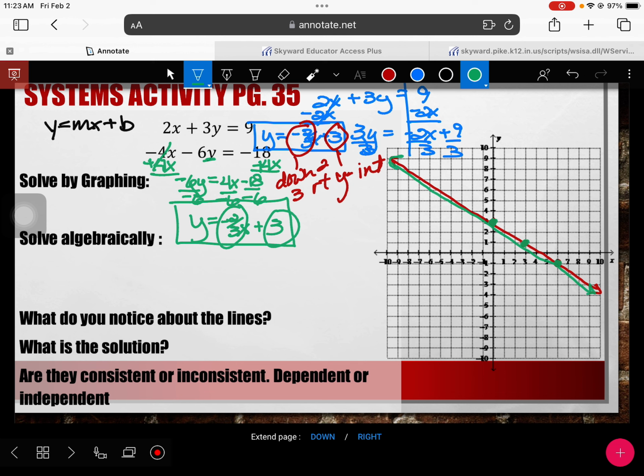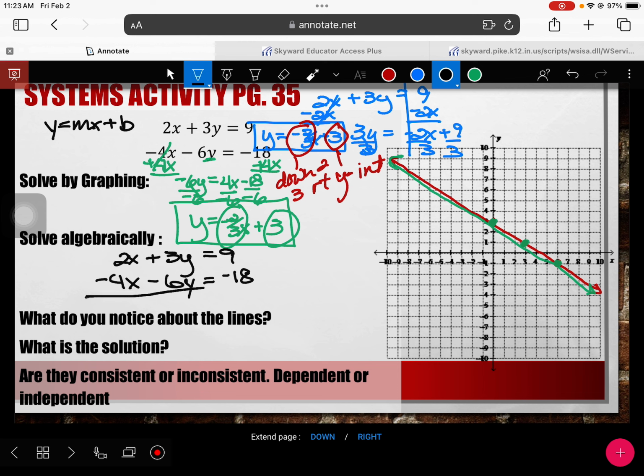I don't know, but okay, I guess we got to solve this algebraically. So now I have those two equations. I need to solve them algebraically. As you look at them, 2x plus 3y equals 9, and negative 4x minus 6y equals negative 18.